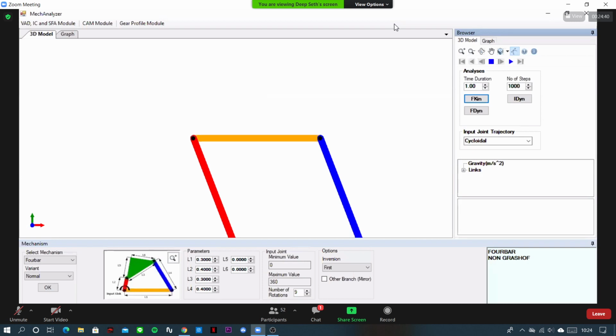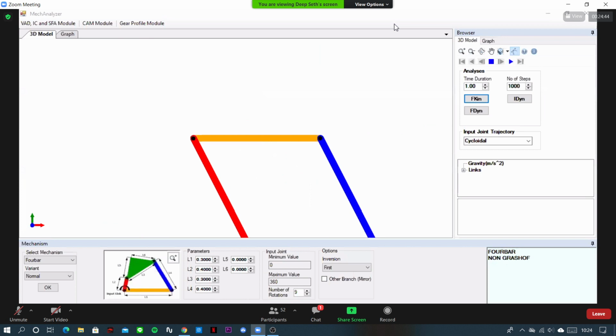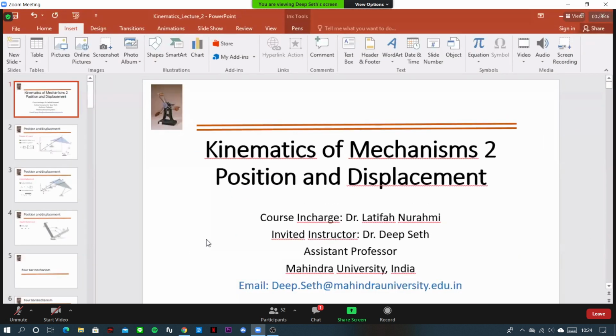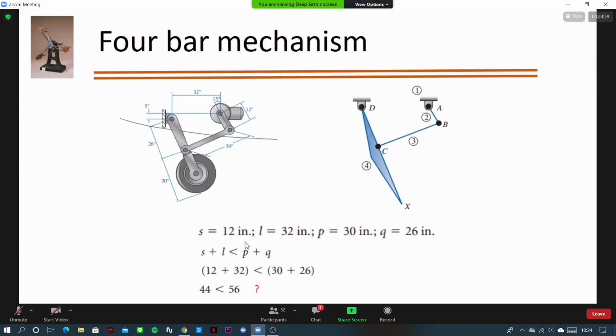Okay, let's move to our slide. So now let's take one example over here.